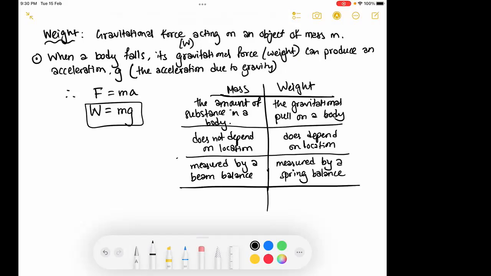The unit of mass is, for example, kilogram, and this one is Newton. Okay, that's that.